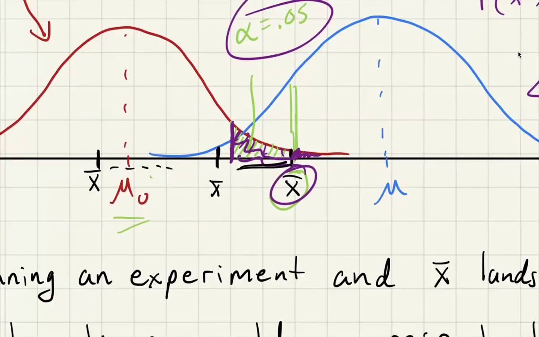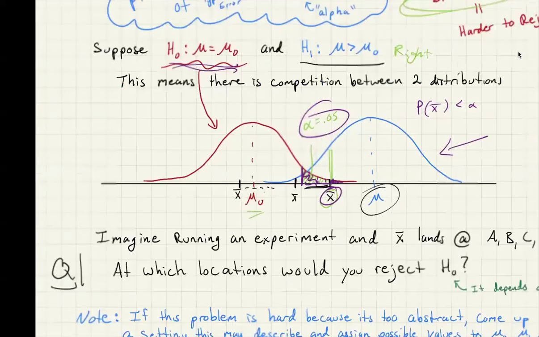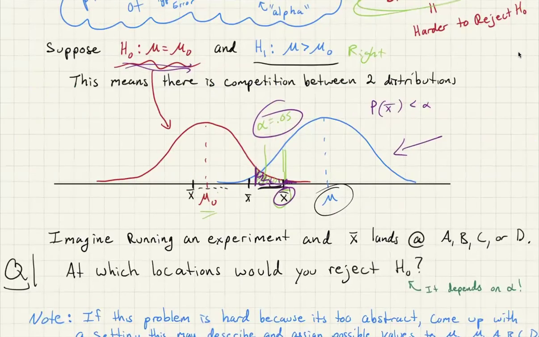It's not likely that the blue curve models what was happening, but it turns out it did. A type 2 error is when you should have rejected, this should be what's happening, and yet when we run our tests, the data suggests we should stick with the red curve. The red curve is more likely to explain our outcome.